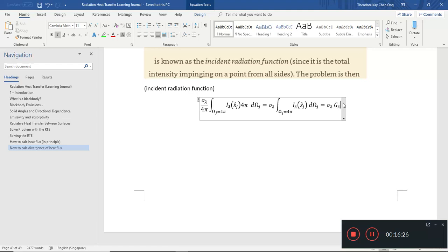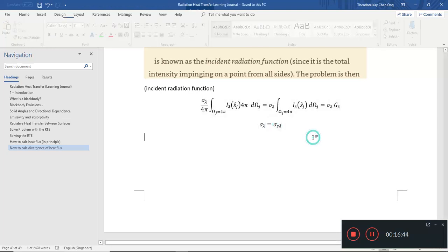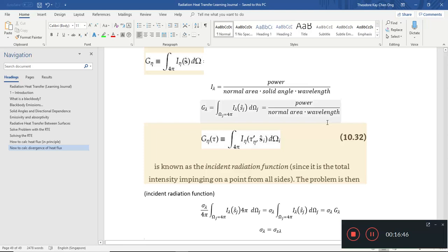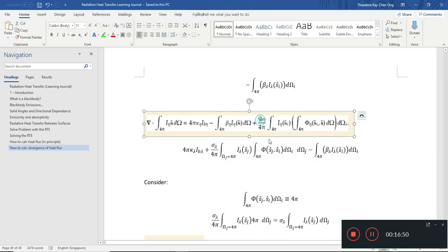So G is just integrating the incoming radiation from all sides. Sometimes you see sigma lambda equals sigma S lambda. Some notations use sigma S lambda, but they mean the same thing, the scattering coefficient. Having the S denotes that sigma refers to the coefficient or cross-section of scattering. So this is what sigma lambda is.